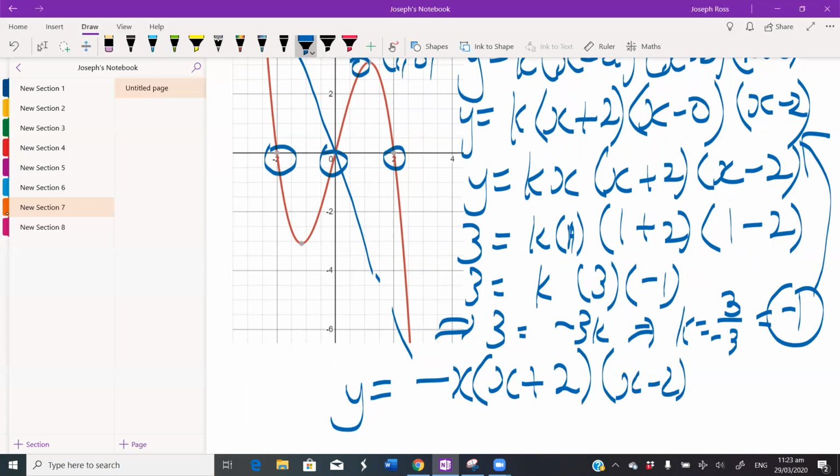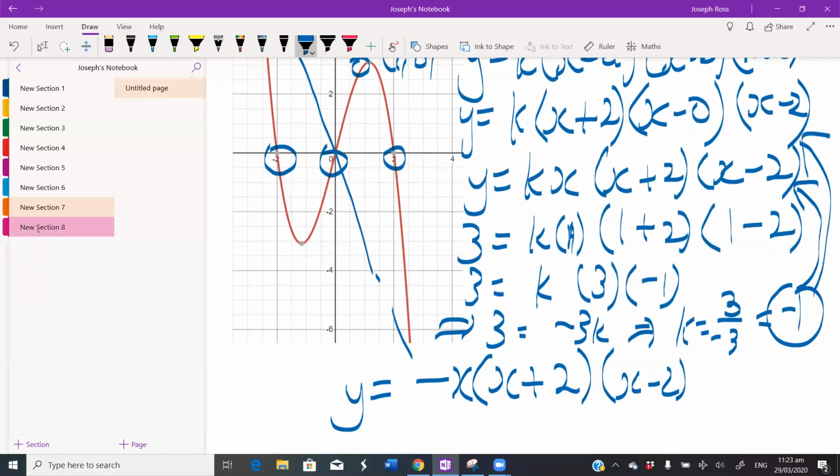Could even substitute into the more simplified line of working directly below it, but before we substitute in the point that gives us the value of k. Okay, so that cubic has the equation y equals -x times x plus 2 times x minus 2.